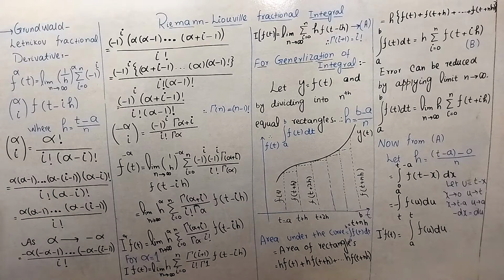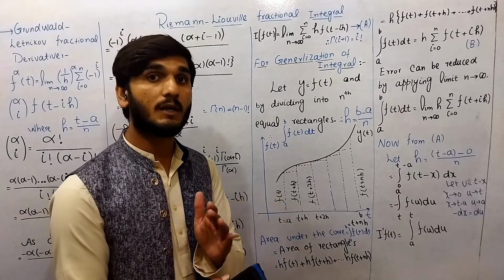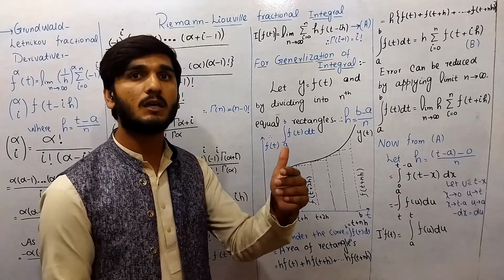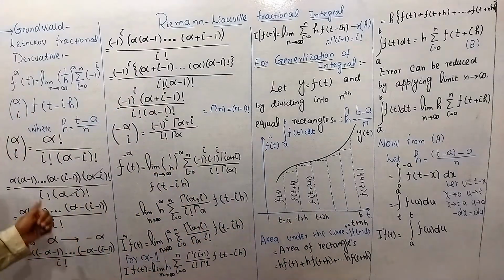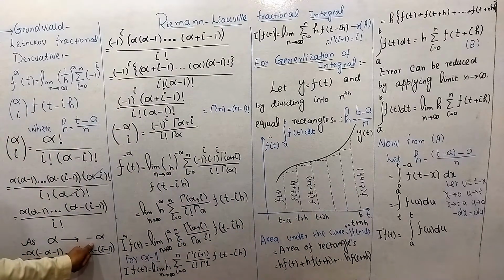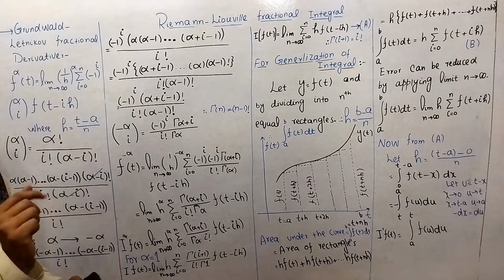So we have the same terms, and we can cancel them out. After cancelling, we will replace alpha by minus alpha. It is only about reducing the order: if we reduce the order of a derivative, then it will turn into the integration. So if we replace alpha in this relationship by minus alpha, this relation will be turned into the integral form.